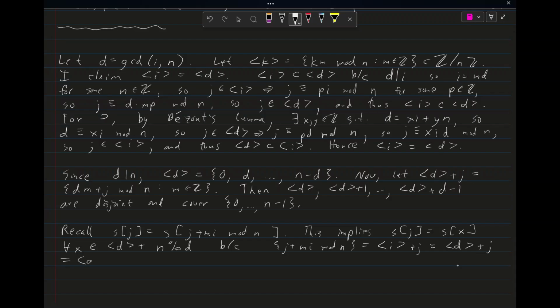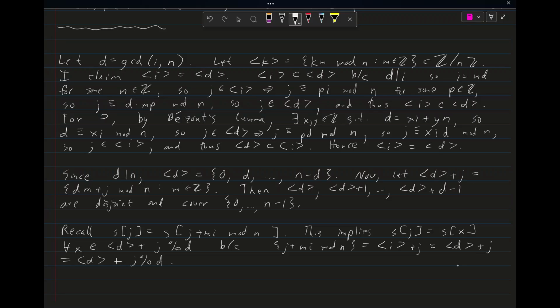So this is equal to D plus n percent J. No, this isn't quite right. The remainder would take J divided by D, so I don't know why I had n here. Okay, cool. And basically this gives us what we want.